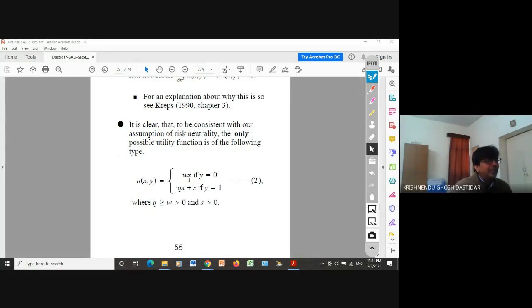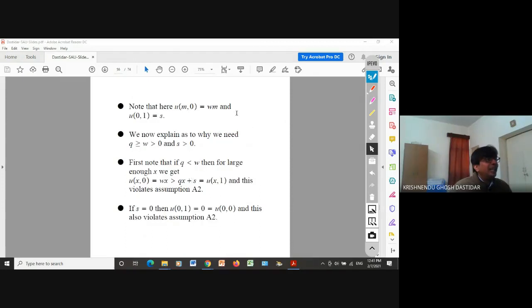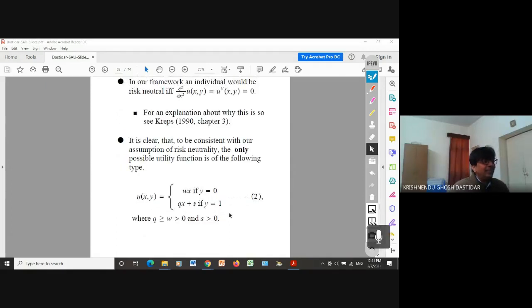So please keep that in mind. Now here I have explained why I need q greater than or equal to w, which is strictly greater than 0, and s greater than 0, because if you don't assume that, you will be contradicting the first three assumptions. So in order to be consistent with our assumptions, we need q greater than or equal to w greater than 0 and s greater than 0.